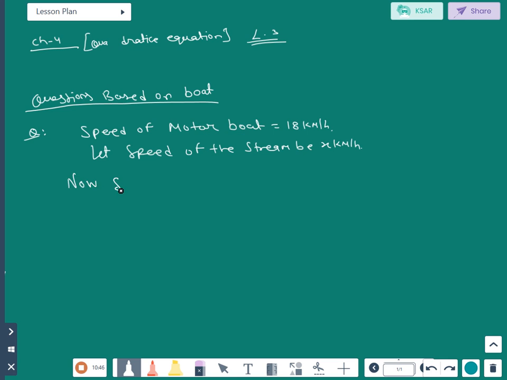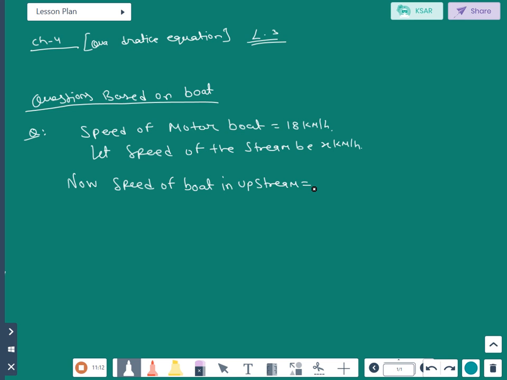Now, speed of the boat in upstream. What is the meaning of upstream? Both are moving opposite to each other. Then is the speed increasing or decreasing? Decreasing.